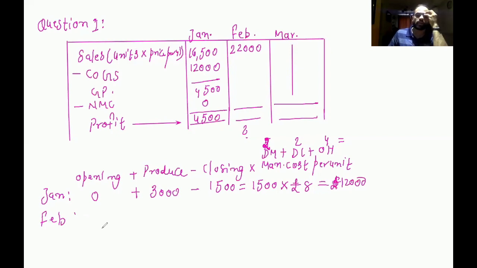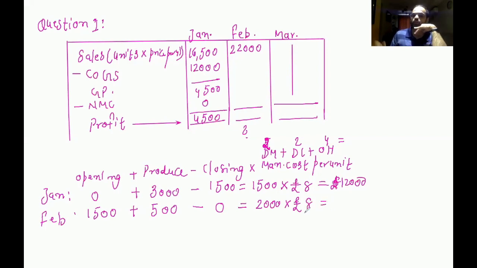Opening, how much is opening stock for February? 1,500. Yes. And how many we produce? 500. And how much is closing? 0. Yes. So 2,000 multiplied by 8.